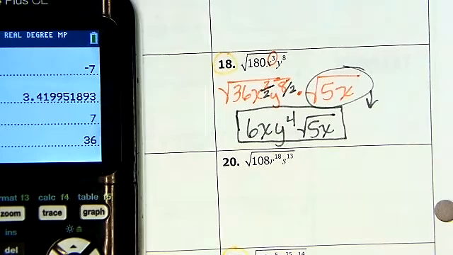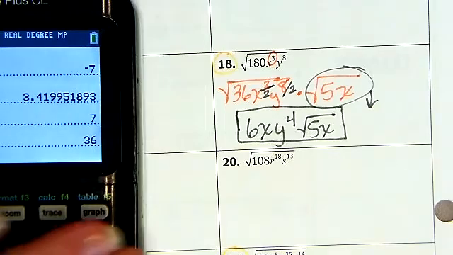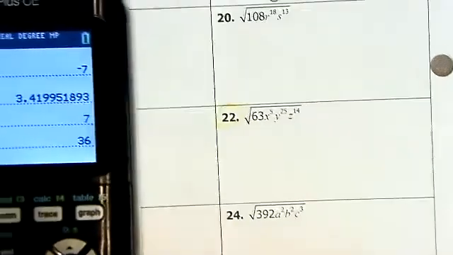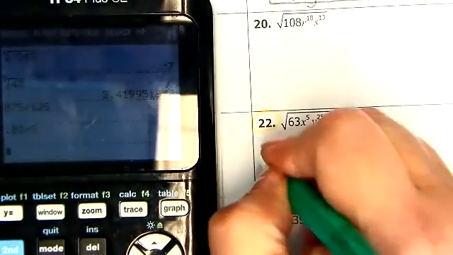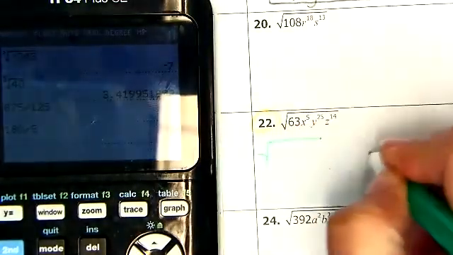One last example, guys, 22. Okay, 63. Remember, we want to have a perfect square and probably a non-perfect square. So if I think of 63, I know 9. And I've got a couple of odds in here, so I'm going to have 2 radicals.